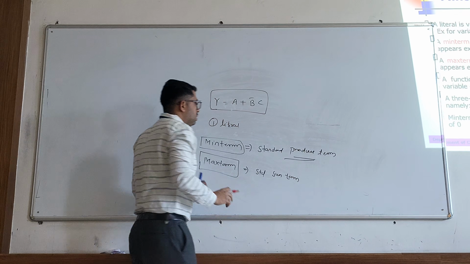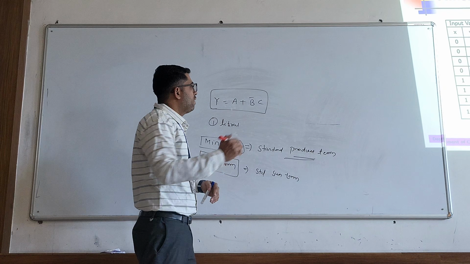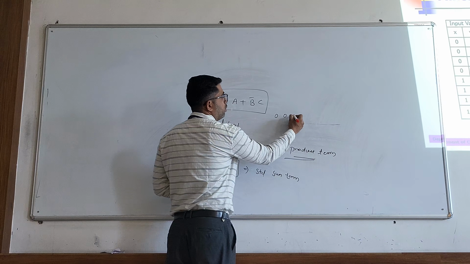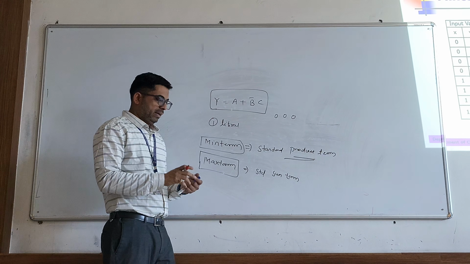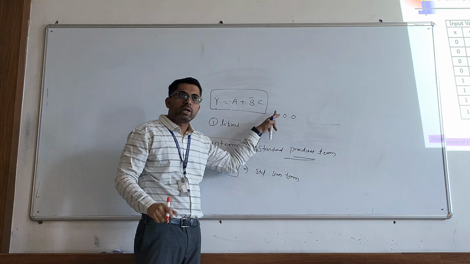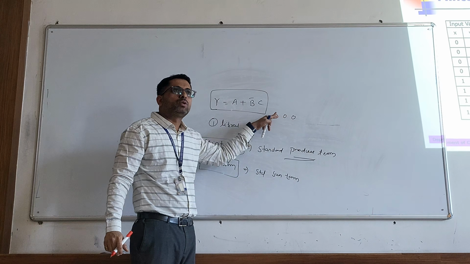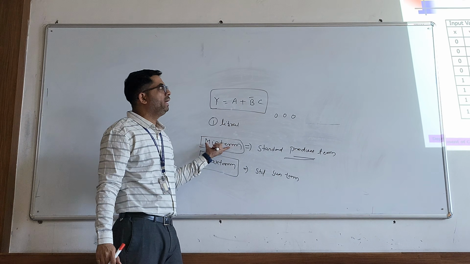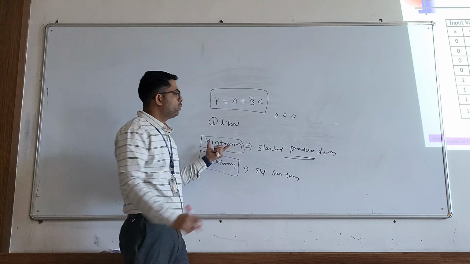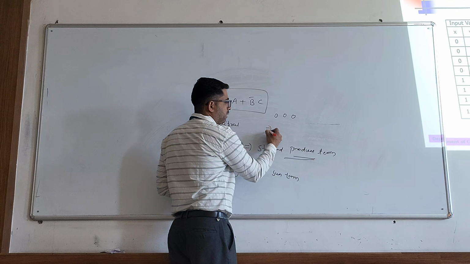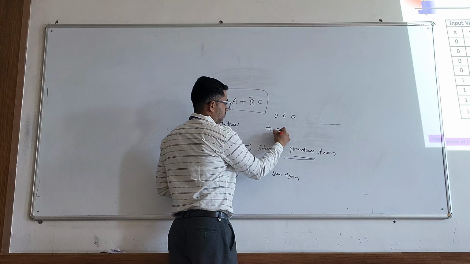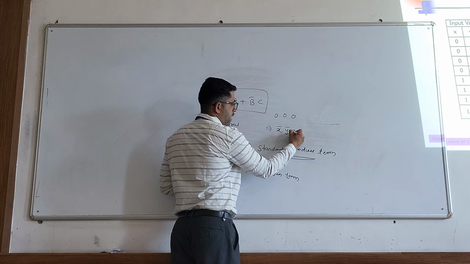Now I have the 0, 0, 0 input variable. If I want to write this 0, 0, 0 in the min term form, how to write? X bar, Y bar and Z bar.